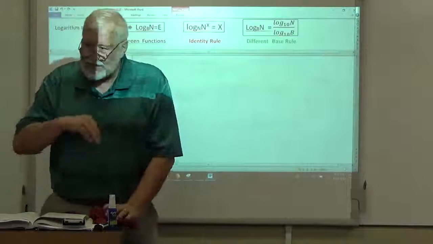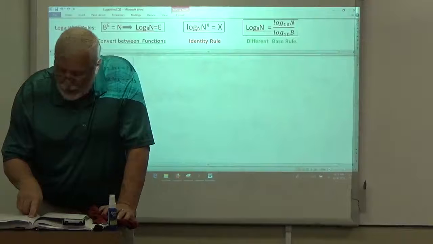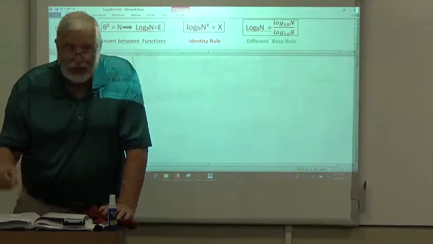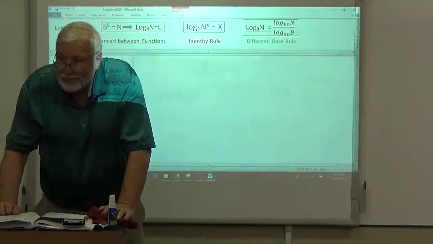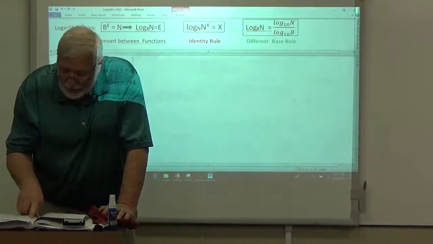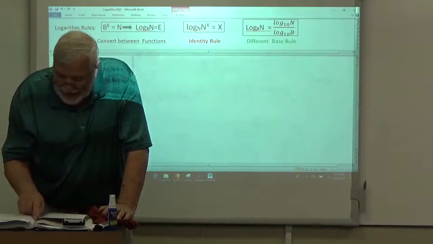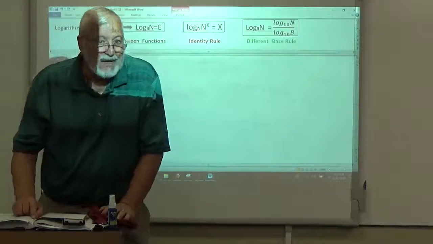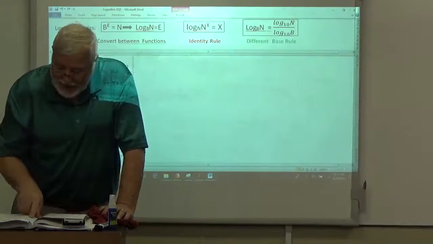But what is log base 49 of 49? 1. And so what are you going to be left with? You're going to be left with 8 times 1, because the exponent rule says that 8 goes in front, right? So it'll be 8 times log base 49 of 49, which is 1. So 8 times 1 is 8. So that answer is 8.